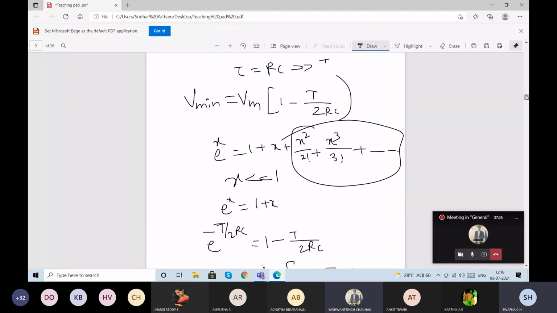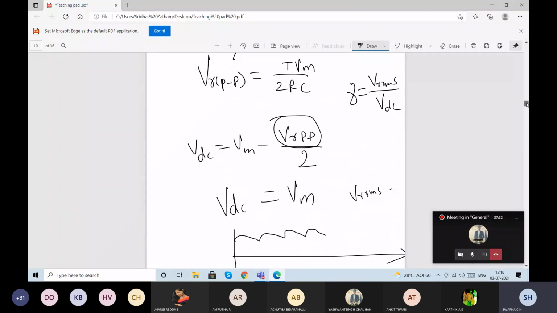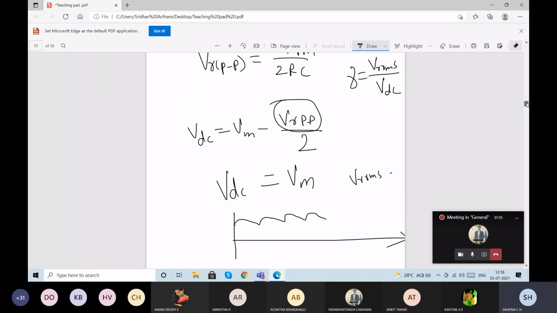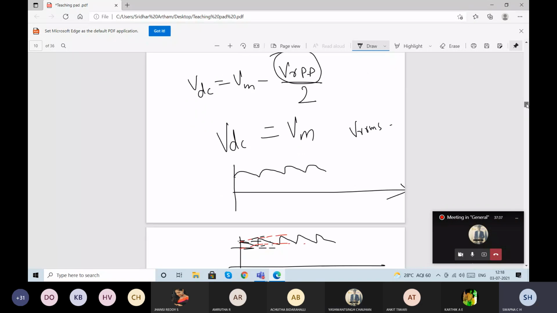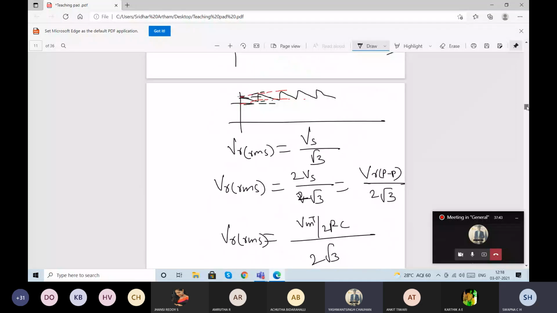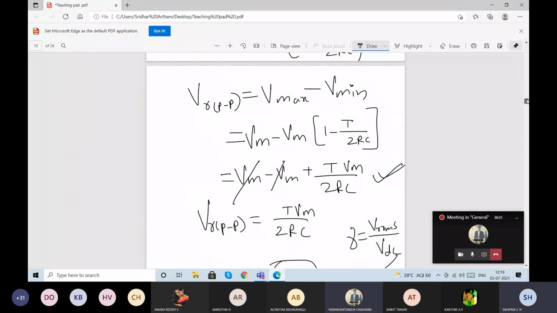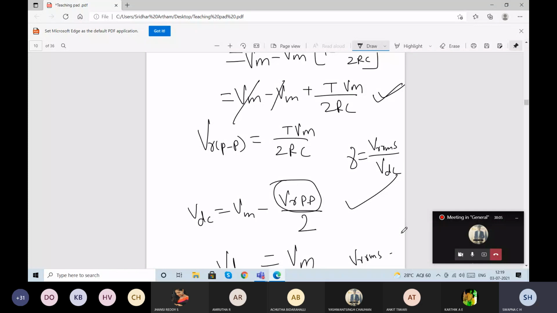Middle in the sense where exactly? Ma'am, that one, in the upward step. Here, T VM divided by 2 RC. Okay, now we understood? Yes, ma'am.